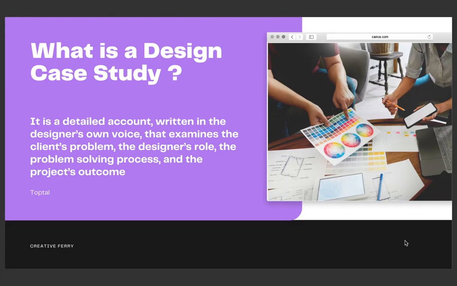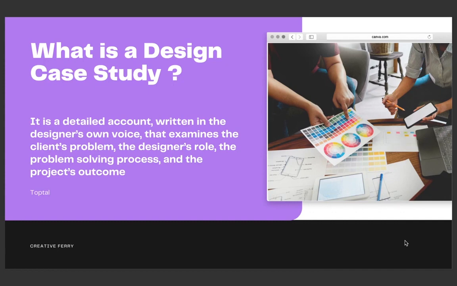And their definition for what a design case study is, it is a detailed account written in the designer's own voice that explains the client's problem, the designer's role, the problem solving process, and the project's outcome.